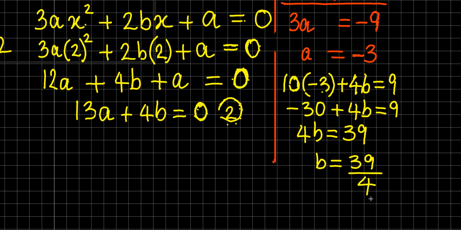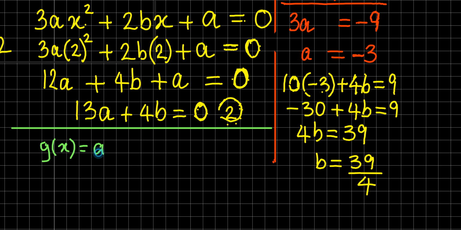We can then put that back into the original equation. The original equation we had was g of x was ax cubed plus bx squared plus ax.